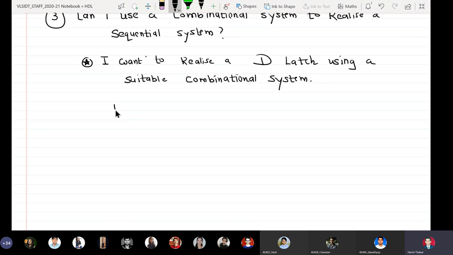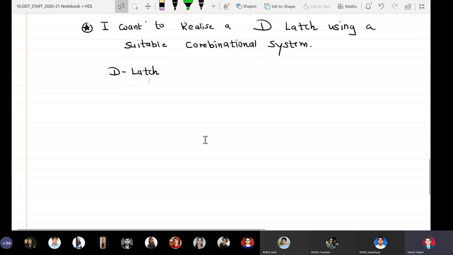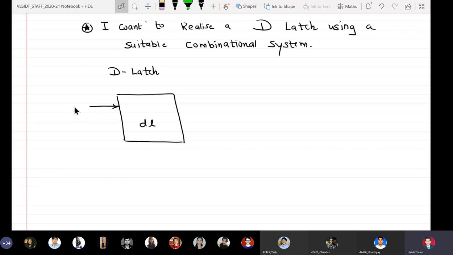Okay, so D latch and its truth table. Enable, Qn plus 1.